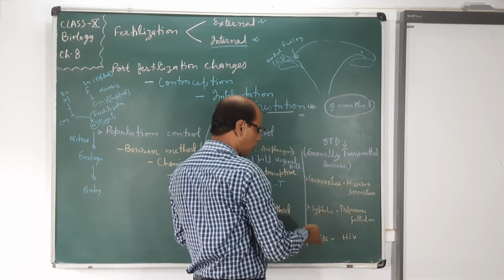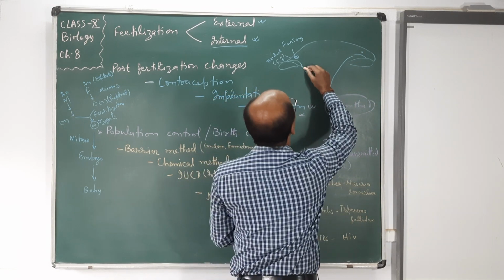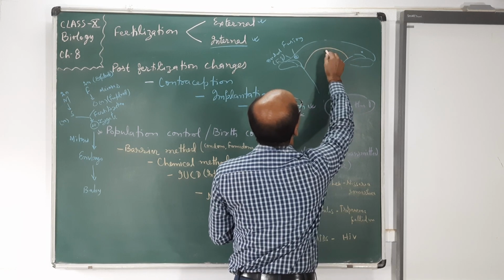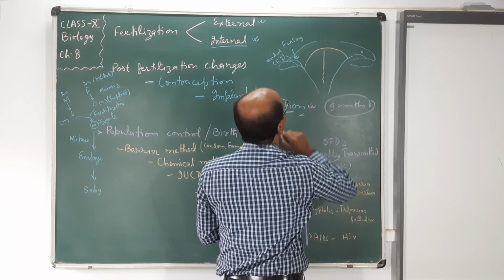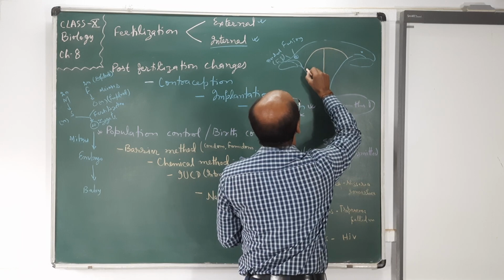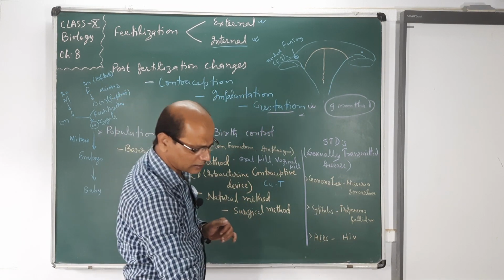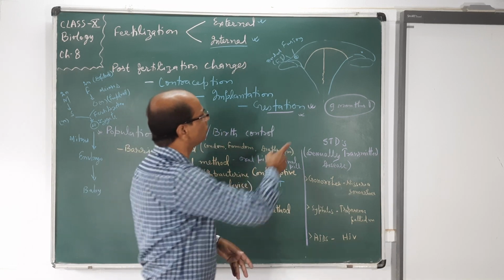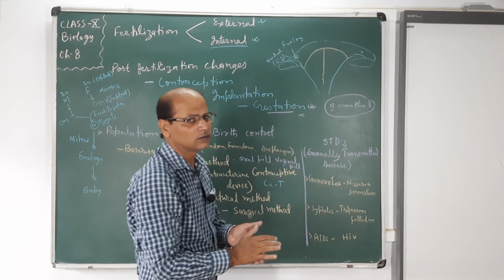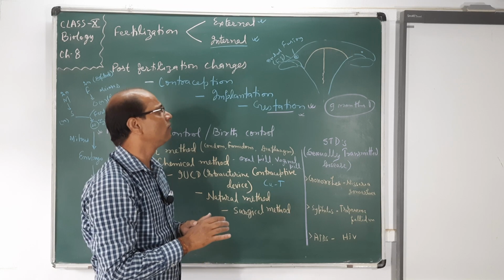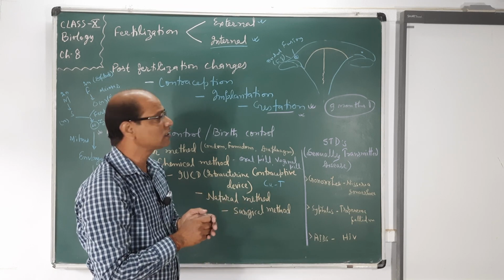See here, copper T is used in this way. This is the T-type structure, and that's why it is called copper T, made up of copper, and it doesn't allow sperm to move to the ovum and fuse. So this is the way.